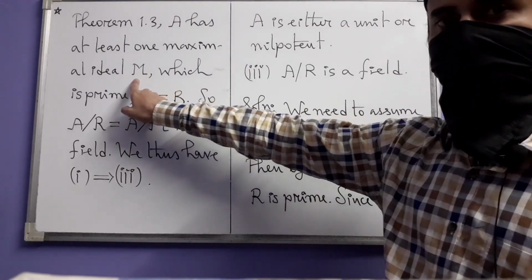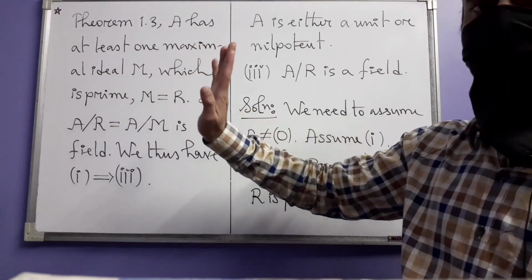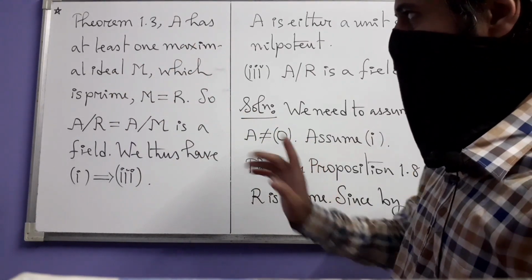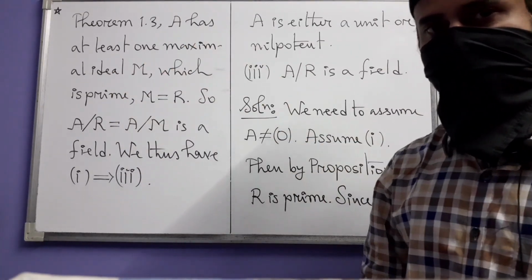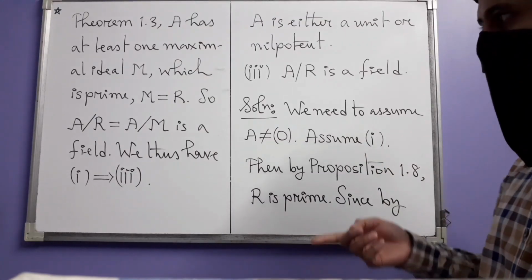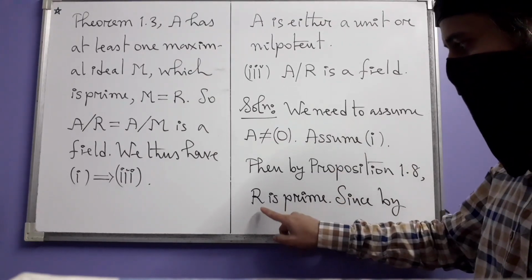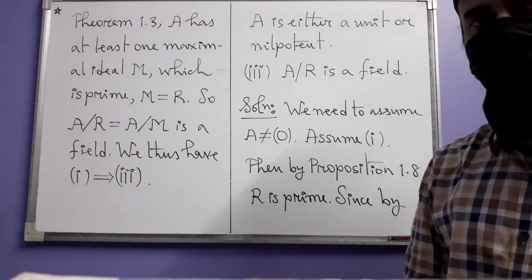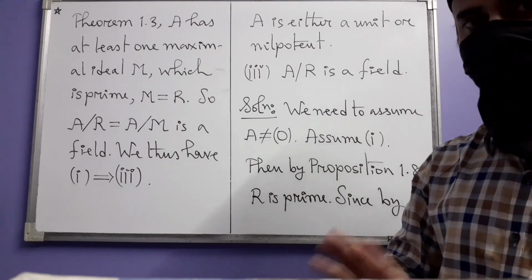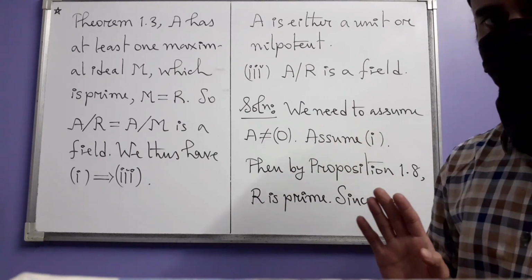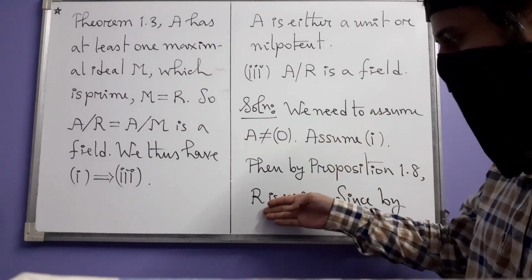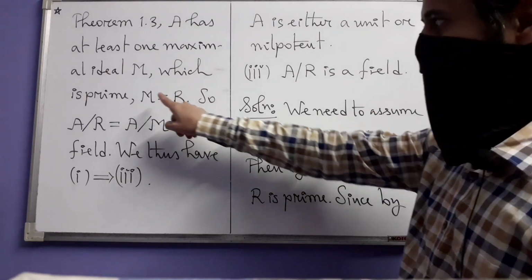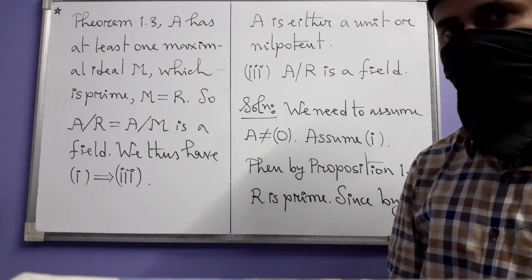Let's call that M. Let's choose any such maximal ideal M, which is prime because every maximal ideal is prime. But just now we concluded that the only prime ideal is R. Only prime ideal is coming from the assumption, but in this part we showed that it's equal to R. So M has to be equal to R.